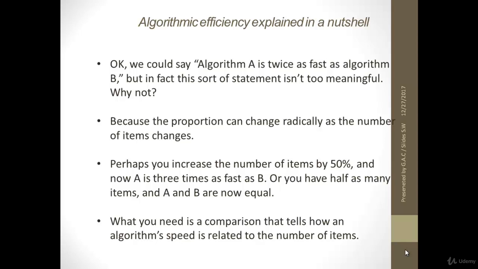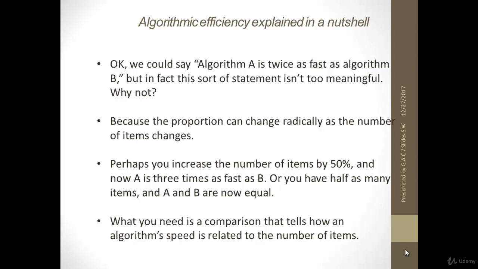Now you understand that when comparing, you need a comparison that tells how an algorithm's speed is related to the number of items. If you just say algorithm A is twice as fast as B, or algorithm C is 3 times as fast as algorithm B, that's not meaningful.